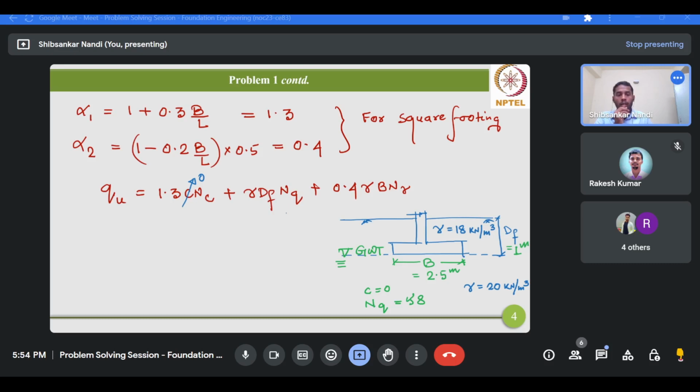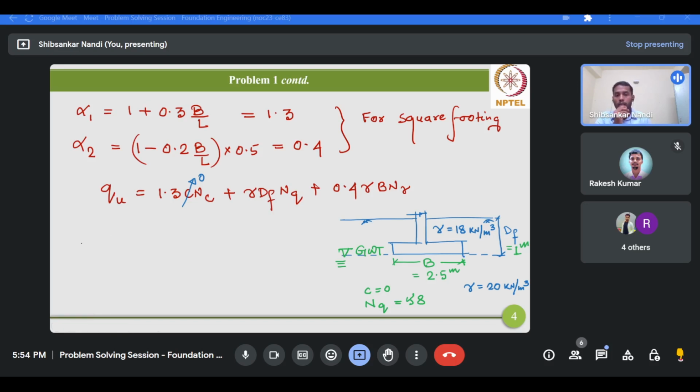Now since this water table is located at the base of the footing, you have to implement the water table correction factor as well. Now how can you implement the water table correction factor? There are different ways, but we will act in the way we have learned in this specific course.